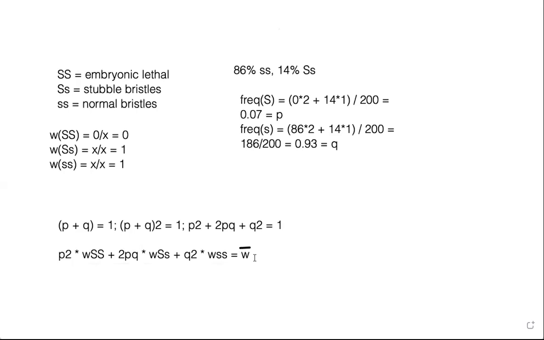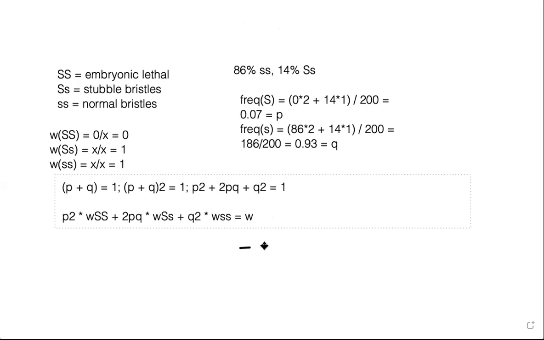And so W bar is the mean fitness. And you may have noticed that it's not going to be equal to 1. In fact, what is it? Well, to calculate W bar, oops, lost the bar. That's one thing biologists should never do, is lose a bar.